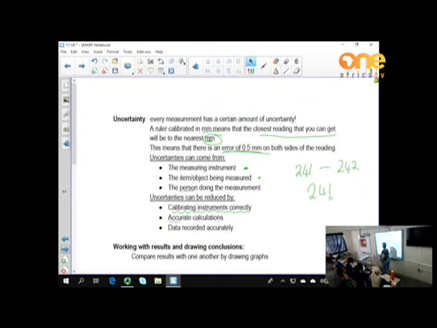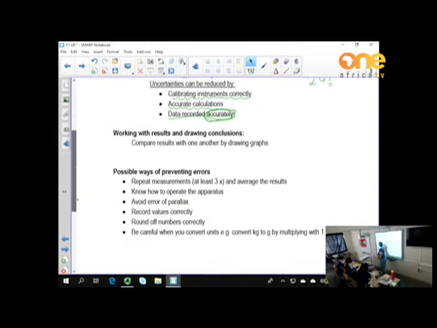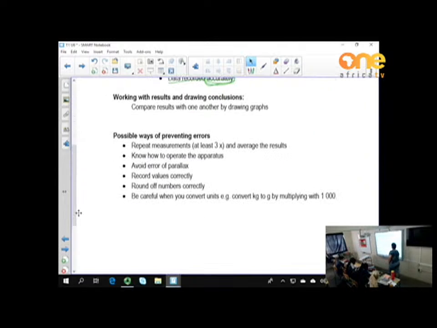Accurate calculations. In other words, we work out averages with which we do our calculations, and we need to record the data accurately. When we work with the results and draw a conclusion, we will always compare results with one another by drawing graphs, because it's the easiest.